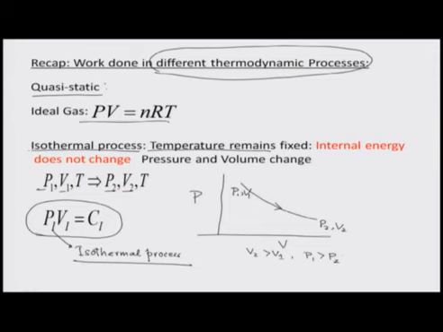Okay? So, I am increasing volume, pressure decreases, and I am going from high pressure to low pressure, okay? And this I will often call expansion.